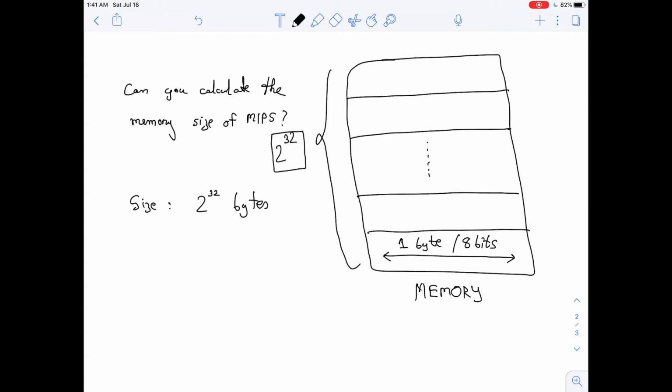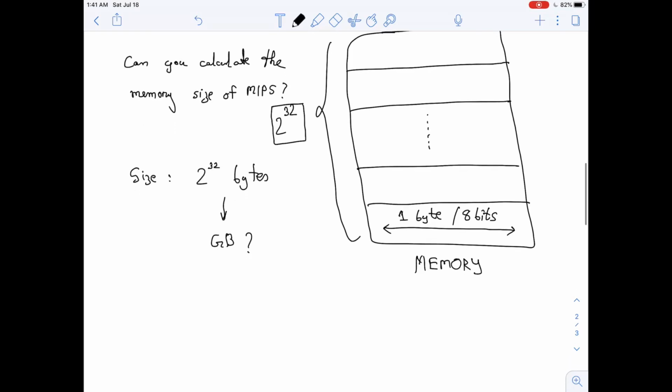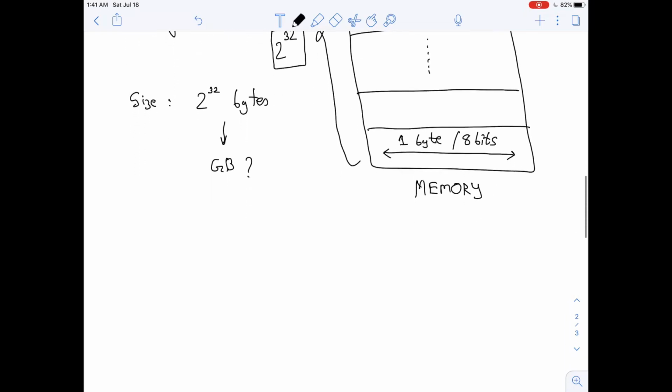So the question is, can you now convert this to a smaller number that's in a larger unit? Suppose, say, can you express this in gigabytes? Well, first of all, we know that 1024 bytes equal 1 kilobyte, right? Similarly, 1024 is basically 2 to the power 10.